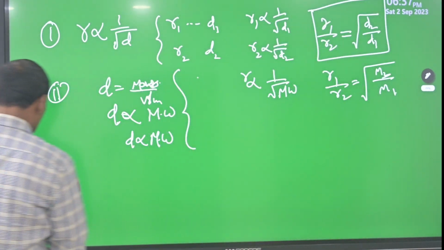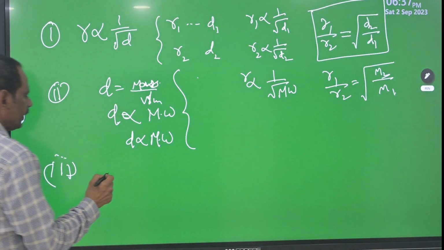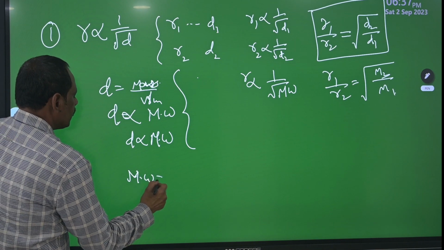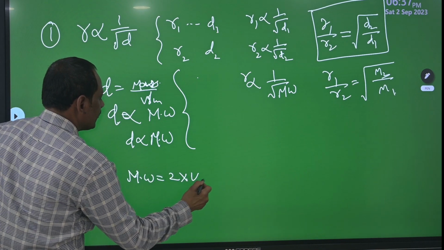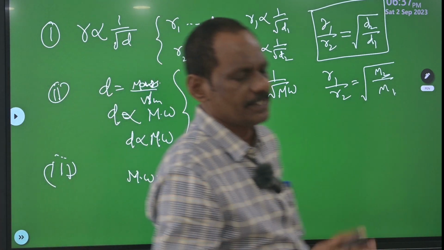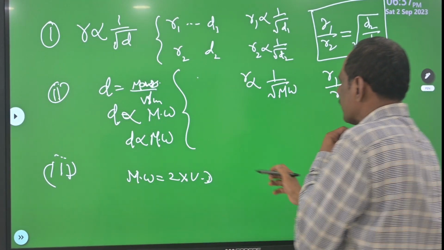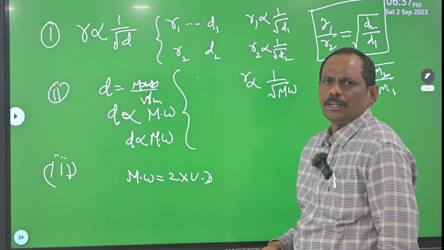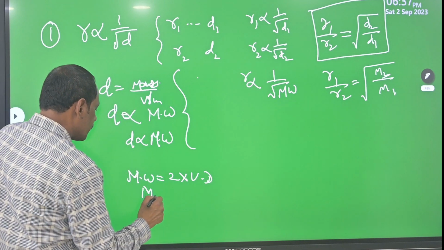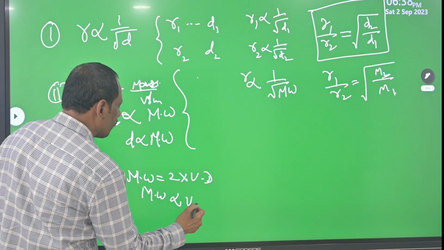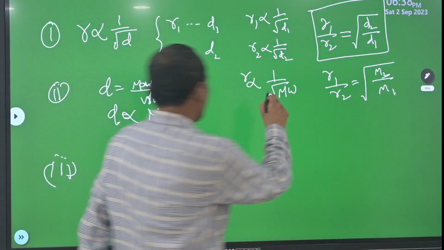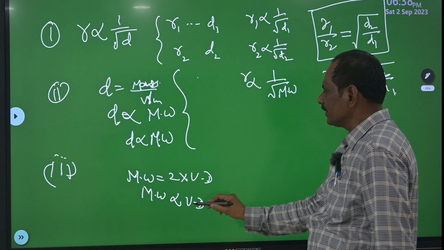Then, coming to the third relation, the molecular weight is nothing but 2 into vapor density. So, the molecular weight of any gas is equal to 2 into vapor density. Therefore, the molecular weight is directly proportional to the vapor density. So, instead of molecular weight, you may take the vapor density.